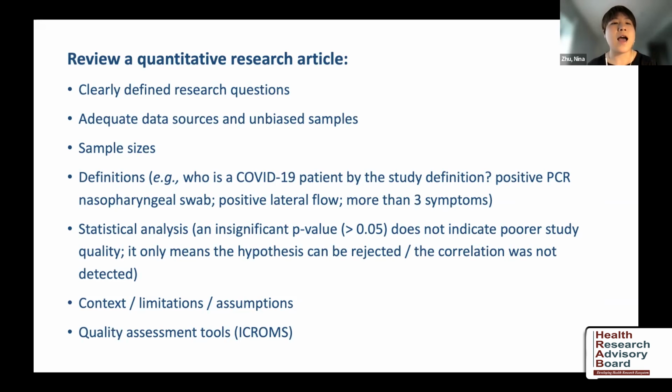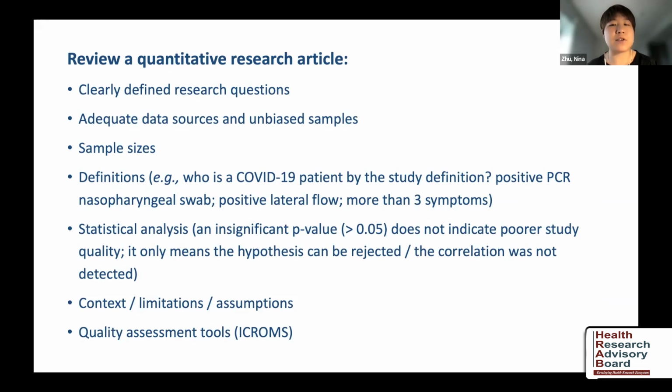quantitative study. And then you also have to look at the statistical analysis they use. But keep in mind that an insignificant p-value, normally something over 0.05, does not indicate poor study quality. It only means the hypothesis cannot be supported or a correlation was not detected.